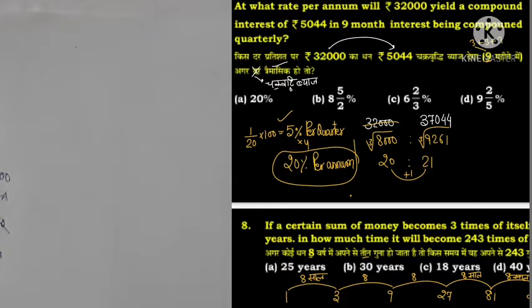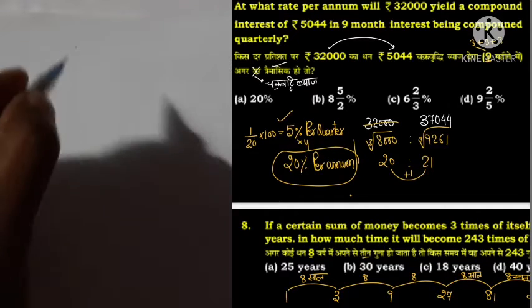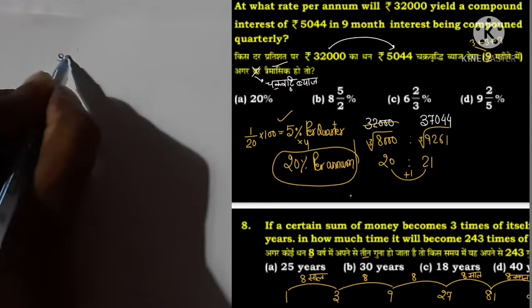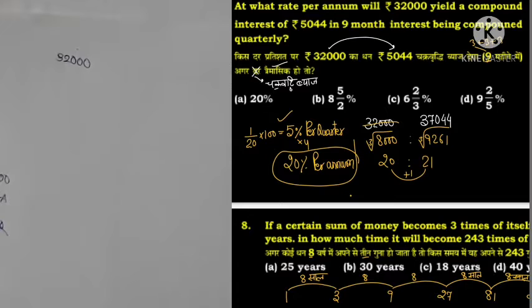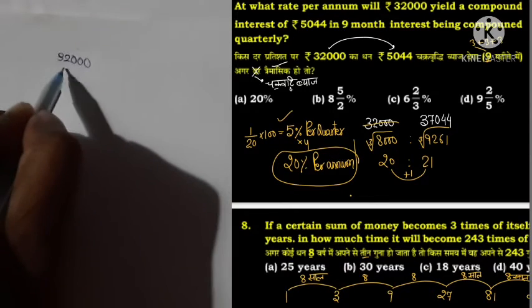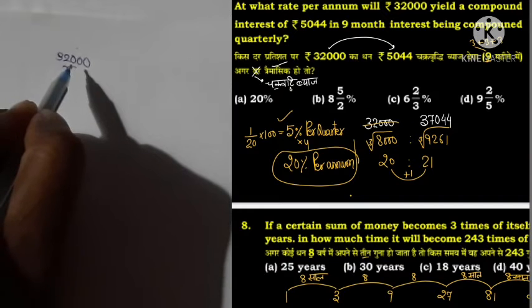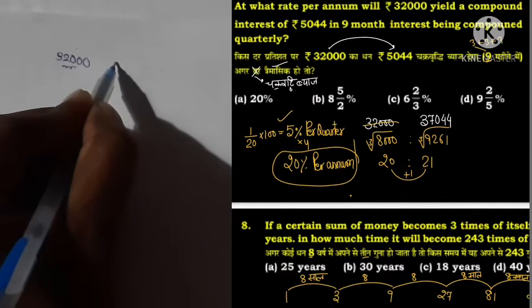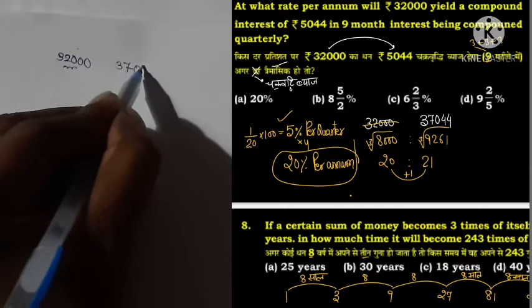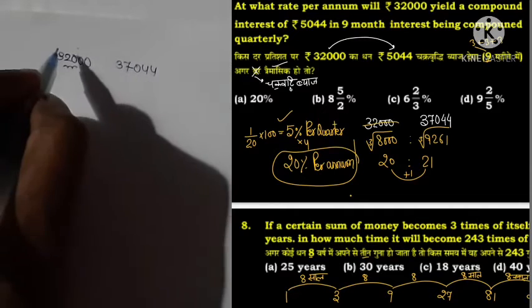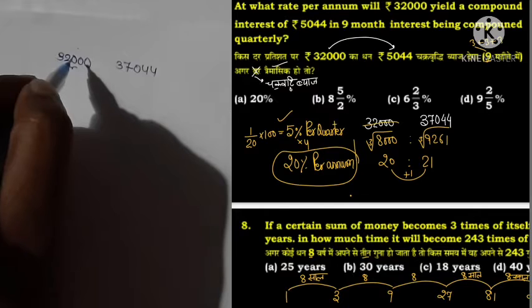Quarterly means for every 3 months. The amount is principal plus interest. The principal is 32,000 and the interest is 5,044. The amount is 37,044.